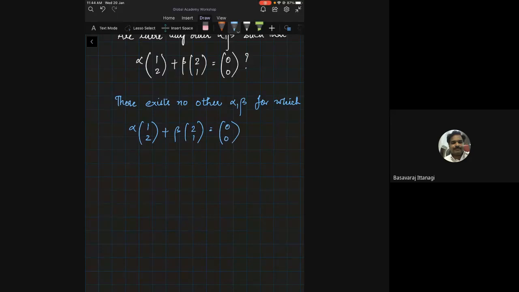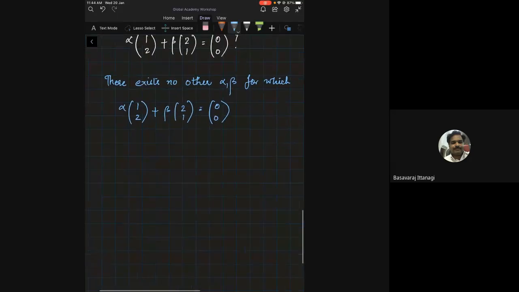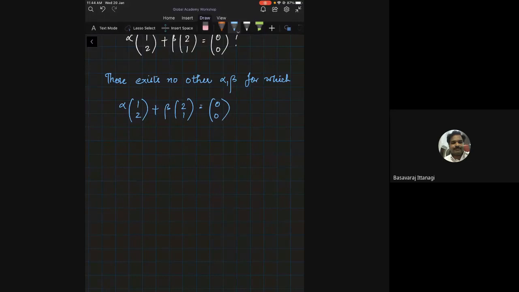Is this okay? Such vectors are called linearly independent vectors. So therefore (1, 2) and (2, 1) are called linearly independent vectors.